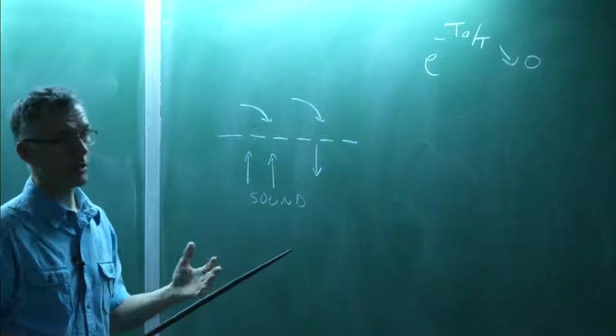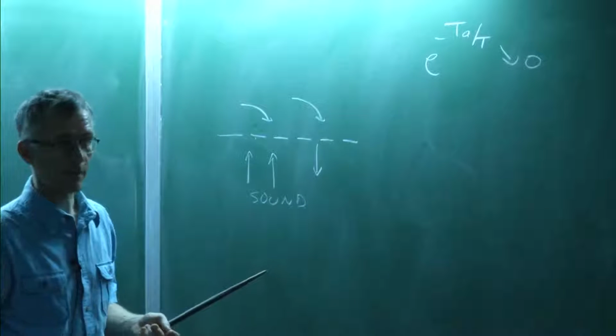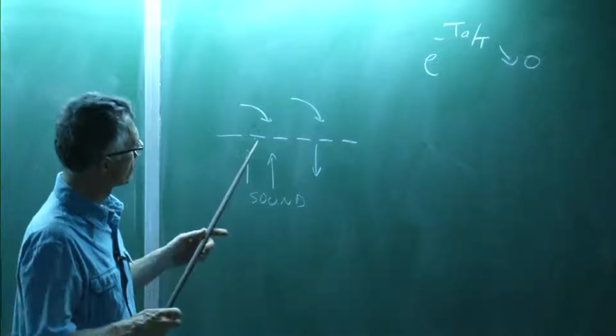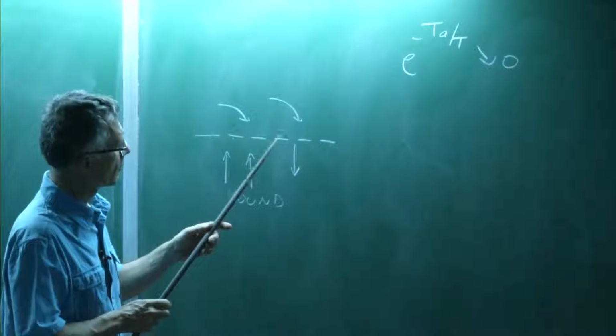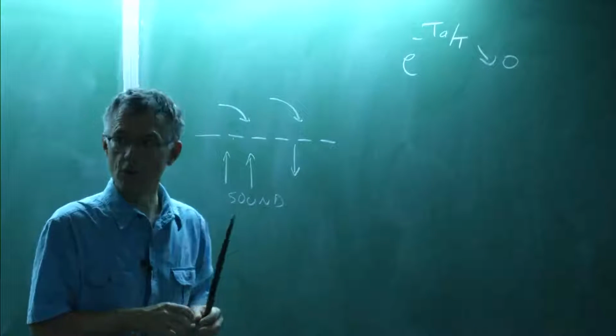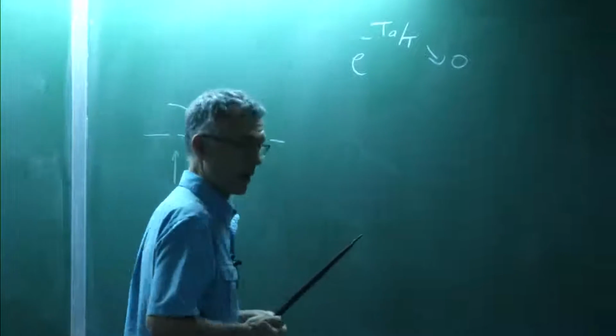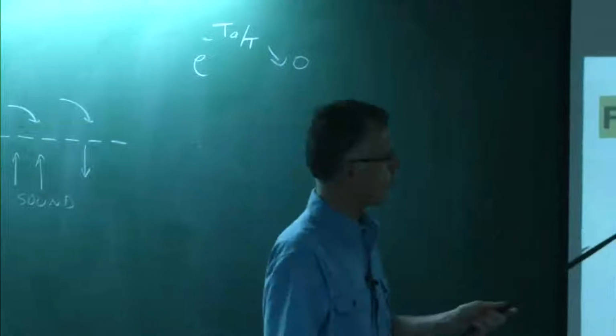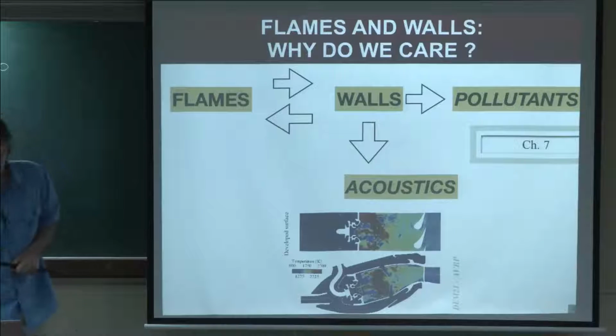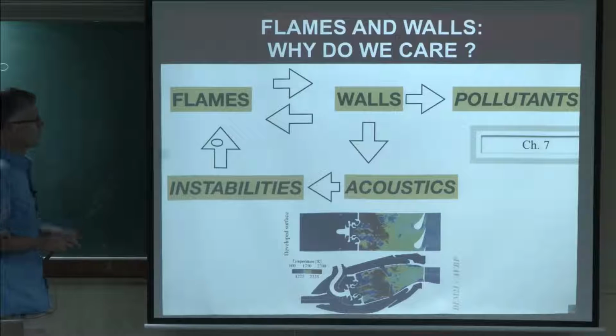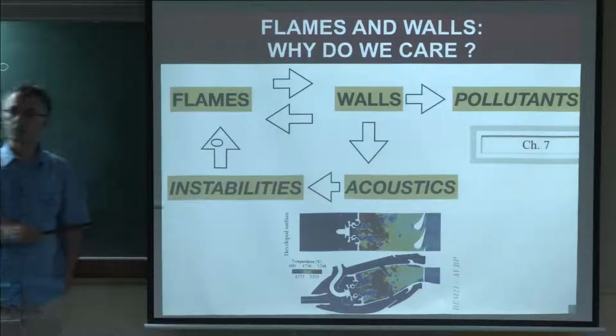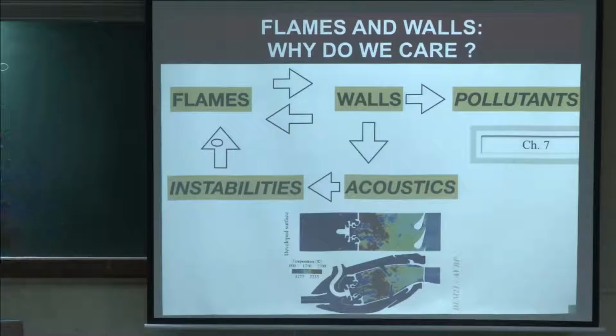So that will change the combustion stability first. And so when you design a wall and you start drilling holes in the wall, that will change not only the cooling problem, but also the acoustics. If you change the acoustics, you will change the instabilities of the system. Maybe, again, it's not that it's always unstable or always stable.